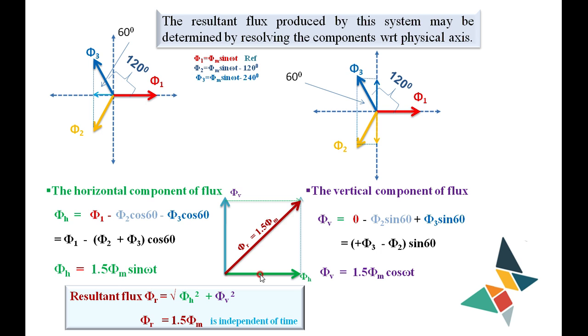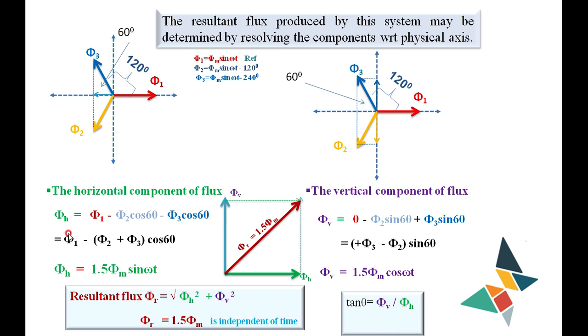Then what is the angle made by the resultant with respect to the reference? That we have to get from tan theta equal to phi v by phi h. Phi v is 1.5 phi m cos omega t, phi h is 1.5 phi m sin omega t.